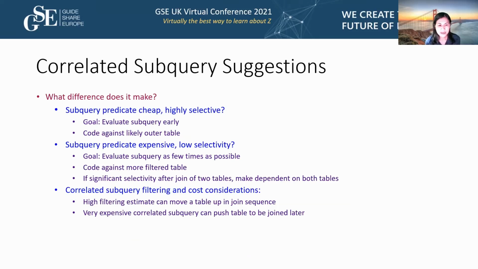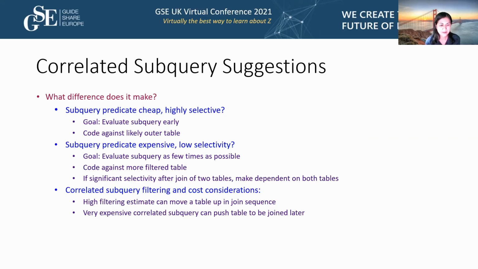If the subquery predicate is expensive and has low selectivity, then our goal is to evaluate the subquery as few times as possible, so it should be coded against a more future table. If significant selectivity comes after the join of two tables, make the subquery dependent on both tables.